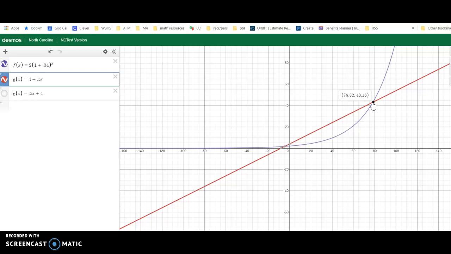Okay, smallest positive integer would be the very next number, which would be 79. So 79 would be your positive answer. Again, they did not ask us for a negative answer. The negative answer would be negative 4.669. So therefore, negative 5 would be your smallest negative integer if they had asked you that, where the blue line, the exponential, the f of x, is greater than g of x.